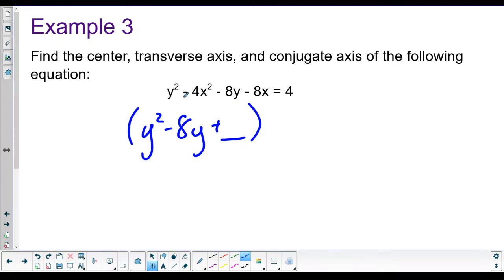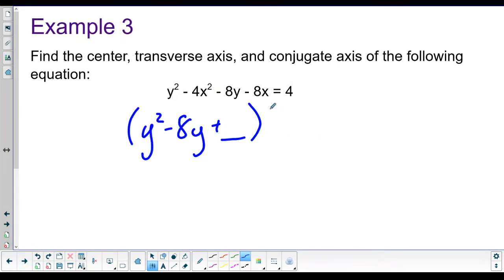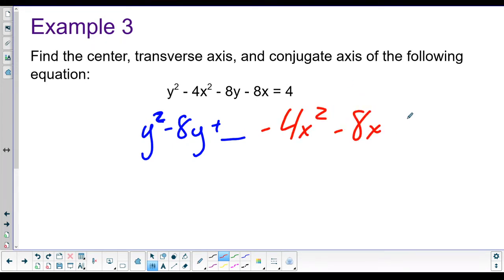All right, now if I group these x's, actually, let's go ahead. Group the x's. Let's get rid of these parentheses. We have negative 4x squared minus 8x, plus blank.